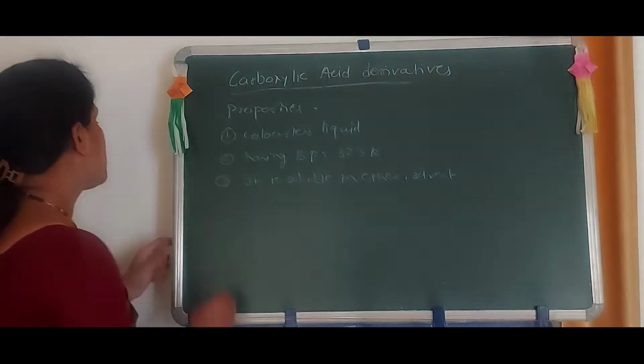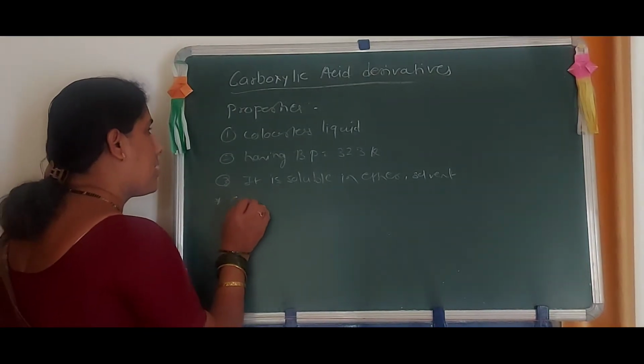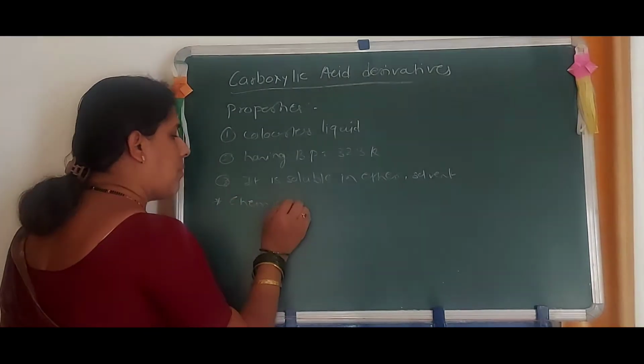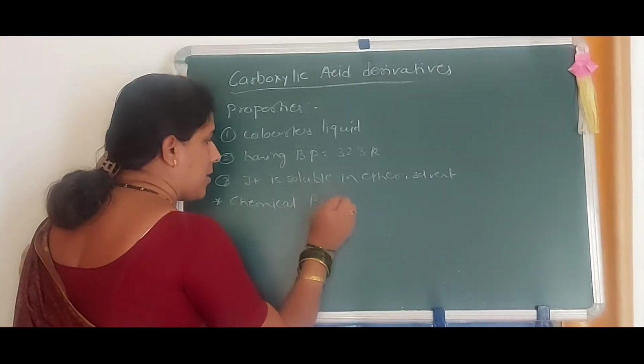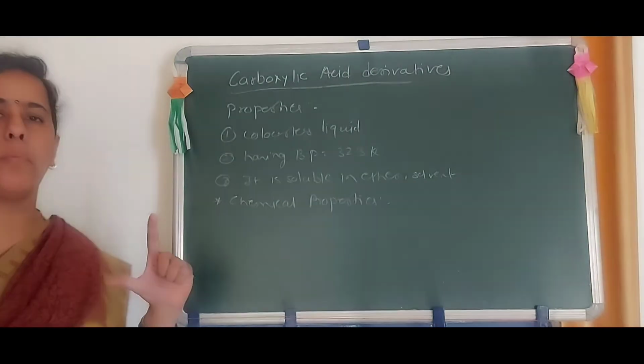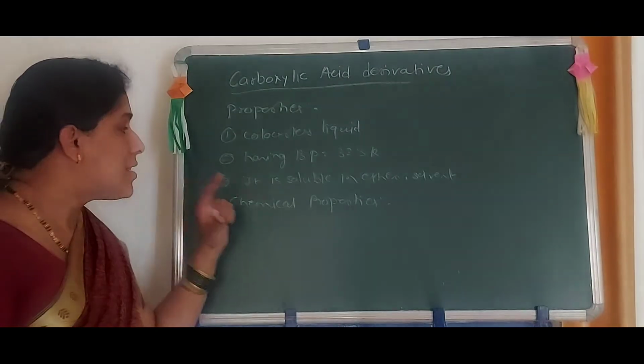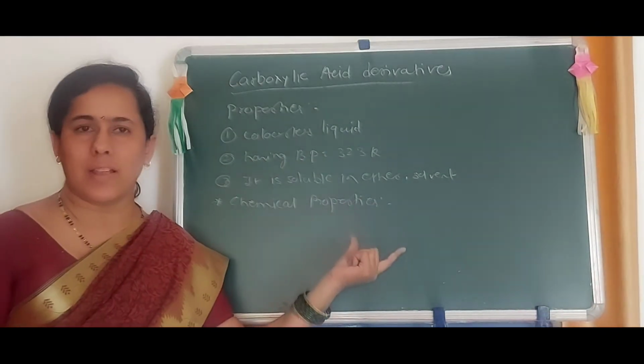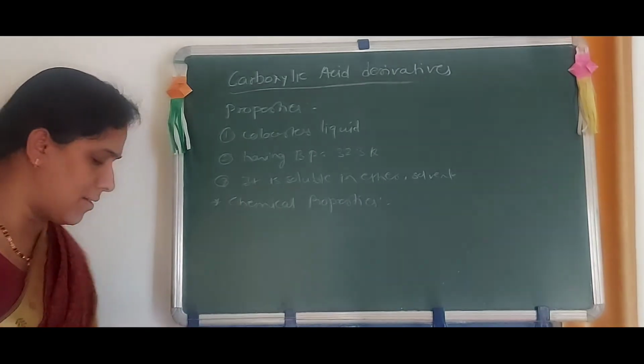Now we are going to discuss its chemical properties. There are three main properties which are similar to another acid derivative, acetic anhydride.